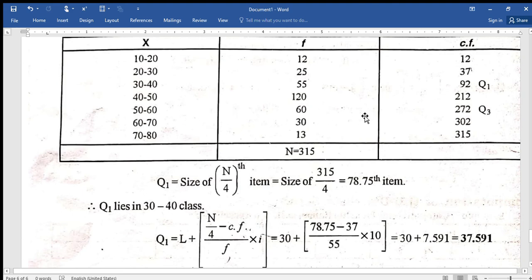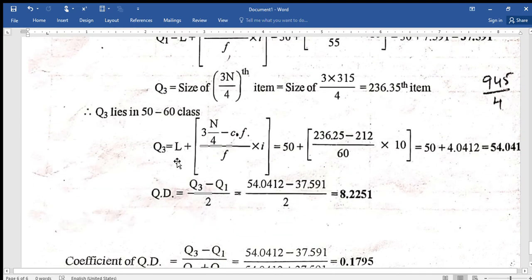The f value is 60. The cumulative frequency is 212, that is the cumulative frequency of the preceding class, the class preceding the quartile class. This is our quartile class. Preceding this class is the cumulative frequency. Got it? Fine.